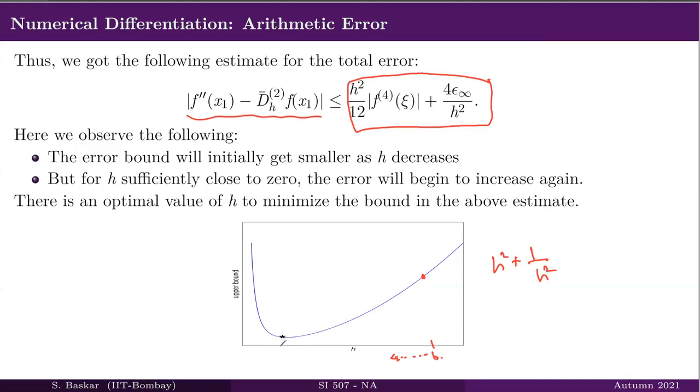But after the critical point, say h star, your right hand side actually starts increasing and it eventually blows up. Remember, it is only the right hand side that behaves like that. It doesn't mean the actual total error should also blow up, but in practical situations, yes, the total error will also blow up. We will illustrate this through an example in the next lecture.